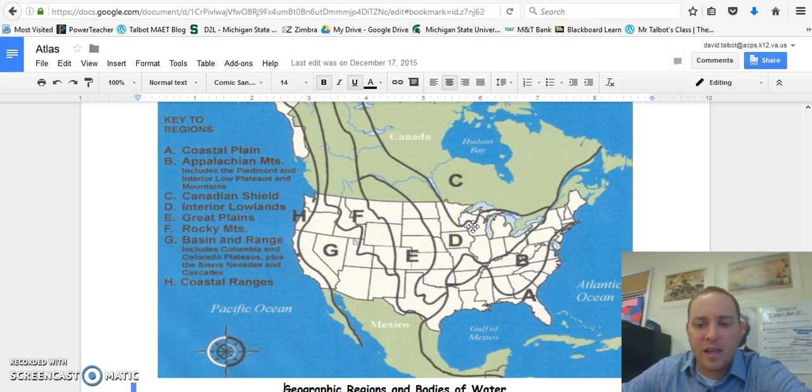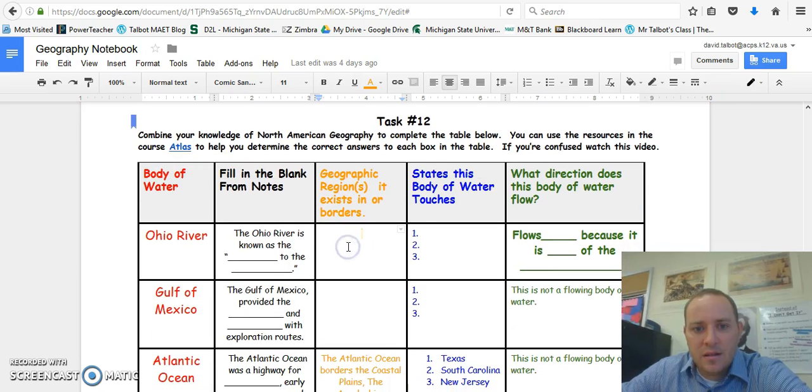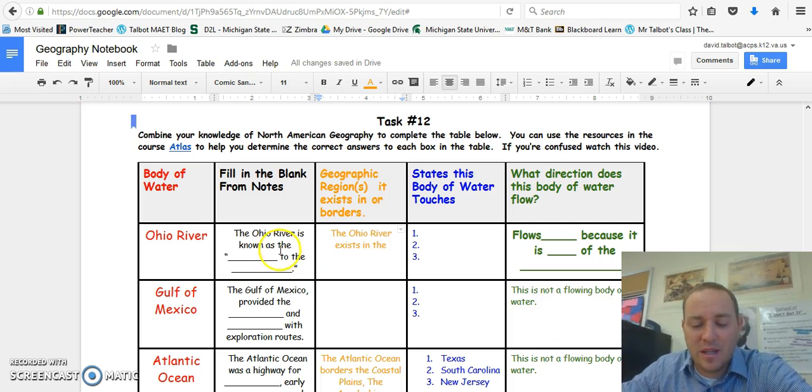So you have to do a little bit of thinking, a little bit of checking. Definitely consult multiple maps here, but then go back to your table and say the Ohio River exists in the interior lowlands and Appalachian Highlands.